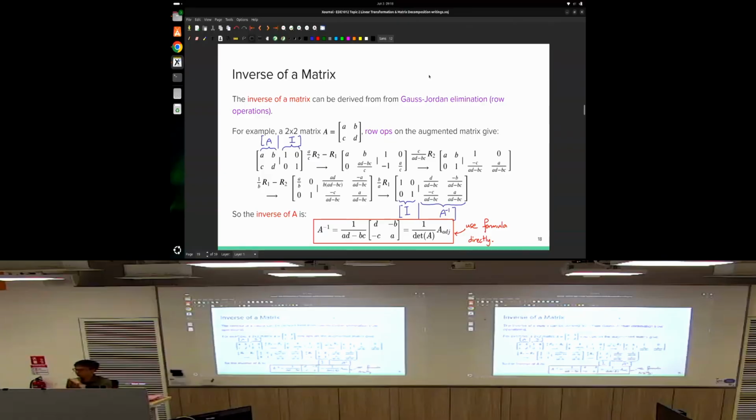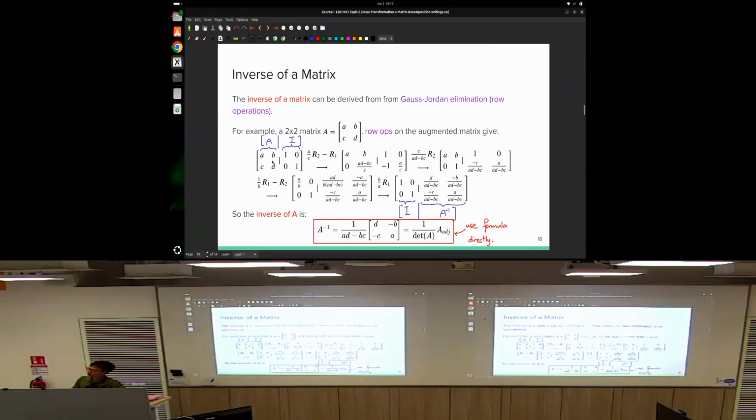This is where the inverse of the matrix is derived, using row operations or Gauss-Jordan elimination to obtain the inverse of a matrix. This is something that we have conceptually covered, although I didn't exactly go through the row ops in detail.